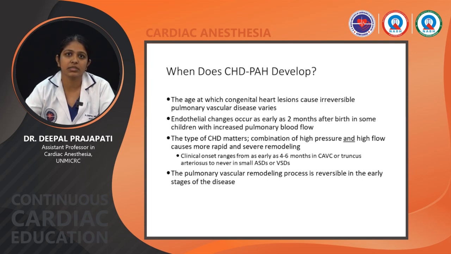A combination of high pressure and high flow causes more rapid and severe remodeling. The clinical onset ranges from as early as 4 to 6 months in CAVC or truncus arteriosus to never in small ASDs or VSDs. The pulmonary vascular remodeling process is reversible in early stages of these diseases.